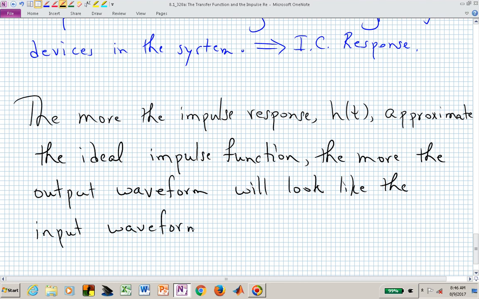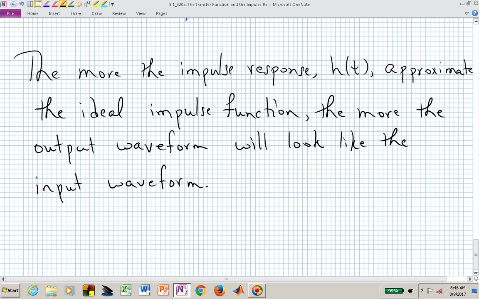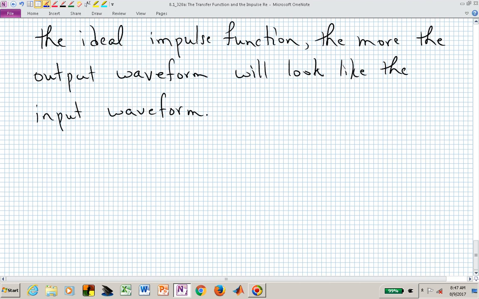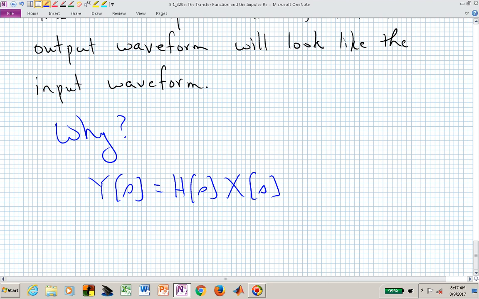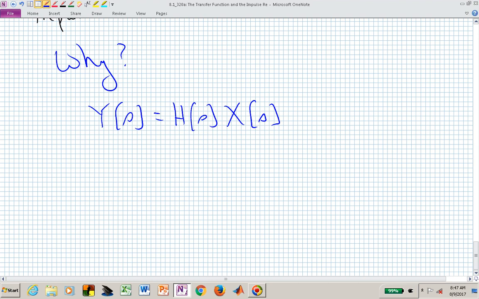Now these statements may take you a while to wrap your head around them, but they're very important, and I want you to read over them and try to make sense of what I'm trying to explain. But now, why is that true? Well, we know in the frequency domain that capital Y of s is equal to the product of the transfer function times the Laplace transform of the input waveform.